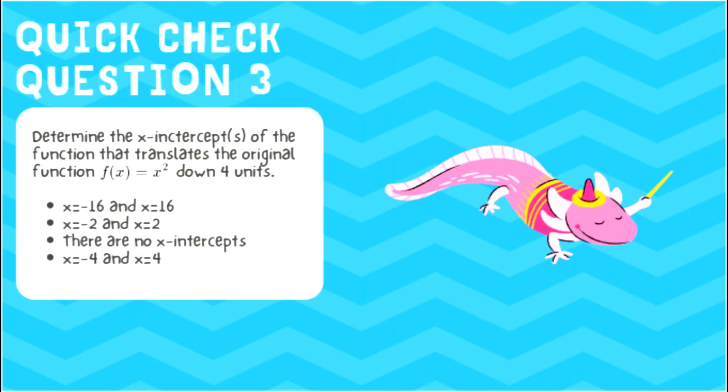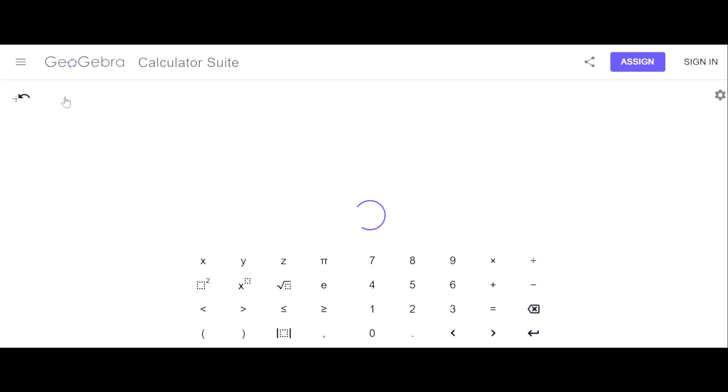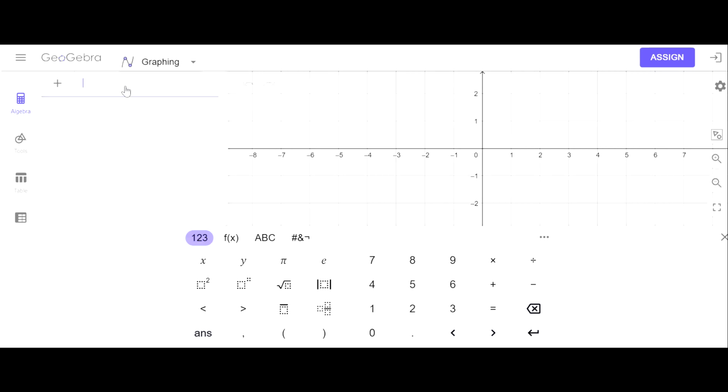Quick check question number 3. Determine the x-intercepts of the function that translates the original function f of x equals x squared down 4 units. So this one is going to require GeoGebra. GeoGebra.com, start your calculator.